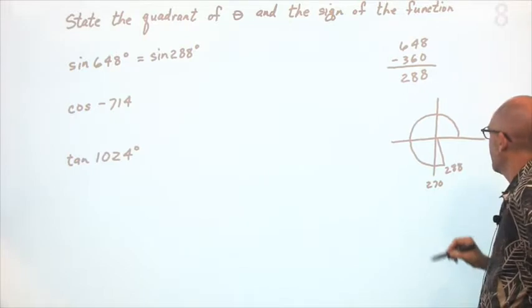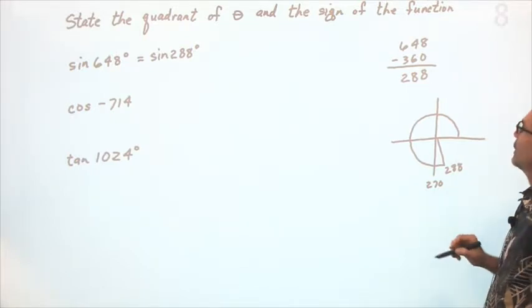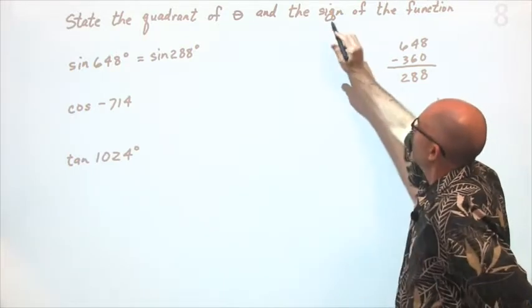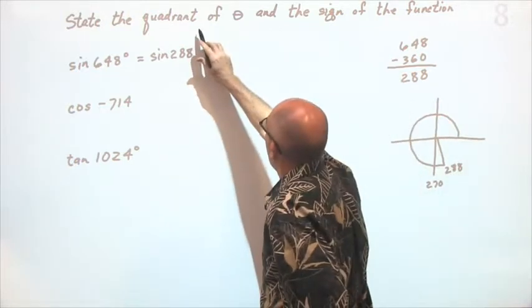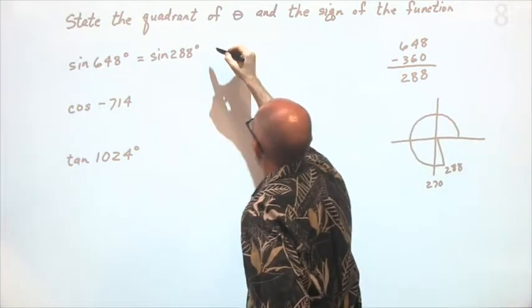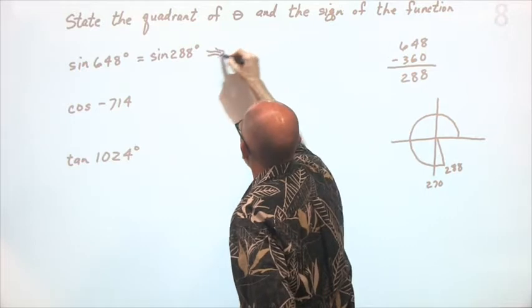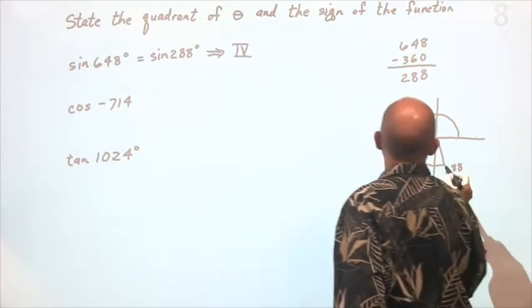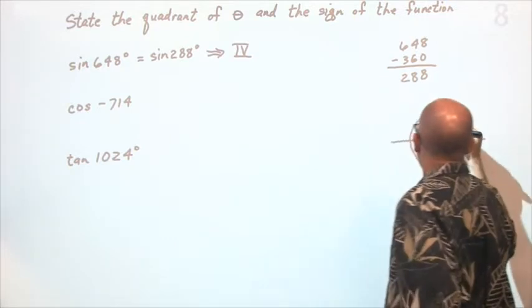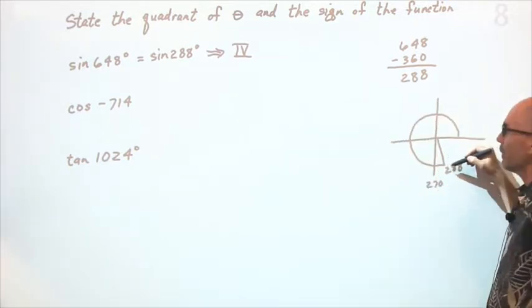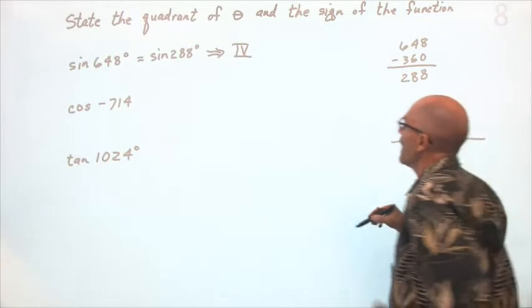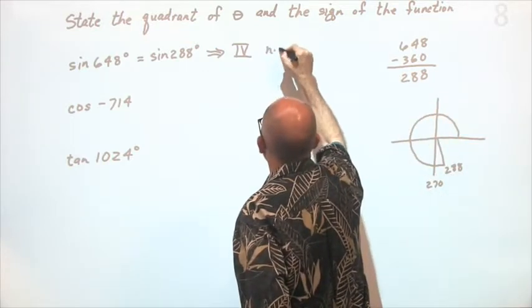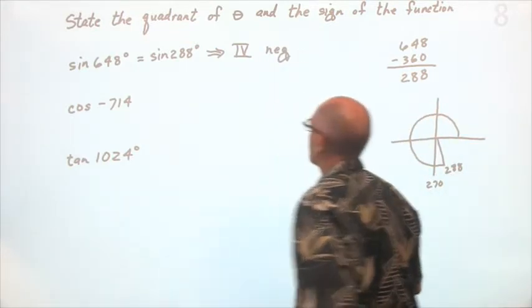So it's in the fourth quadrant. So now notice what we're finding. The quadrant of theta, so that's quadrant 4. And the sign of the function. Well, sine of an angle that's going down is negative. That's it.